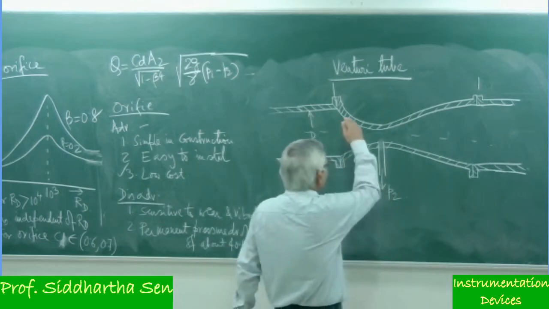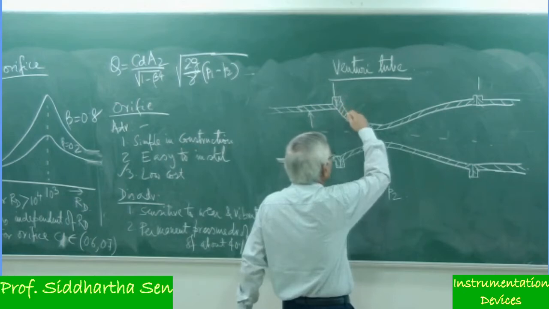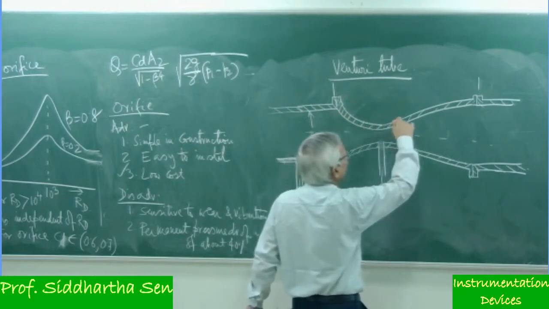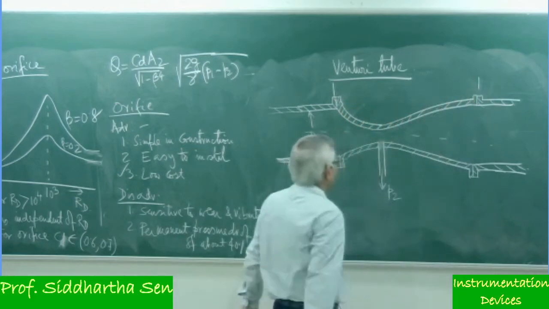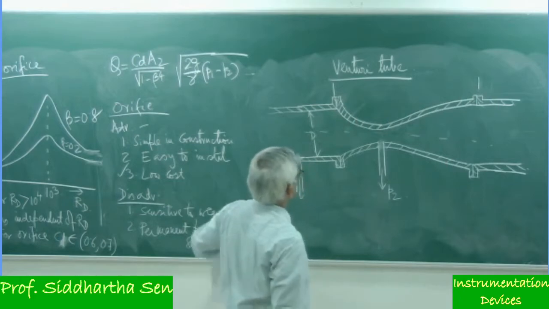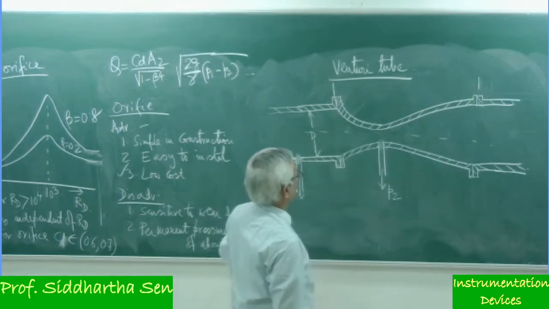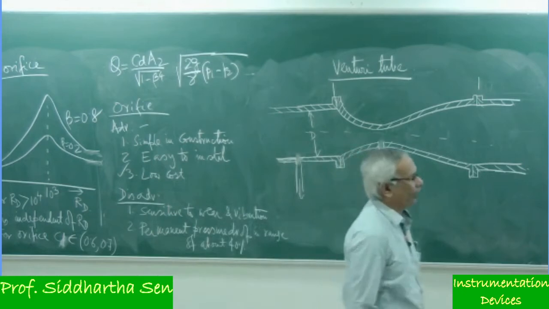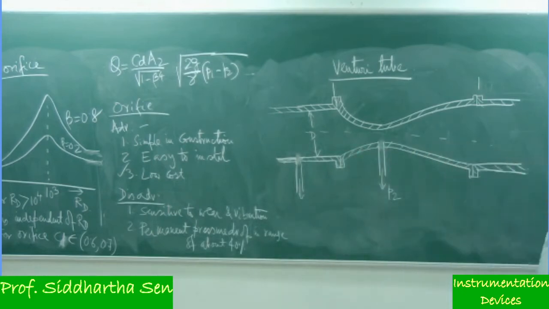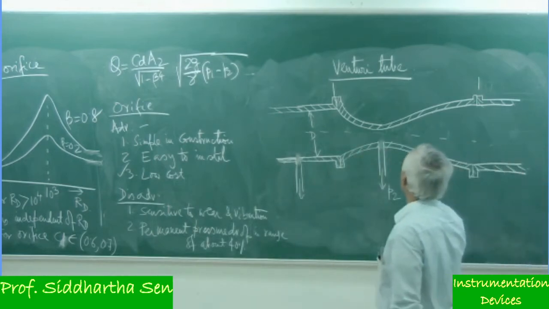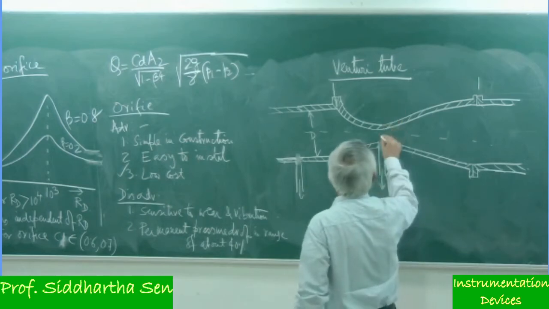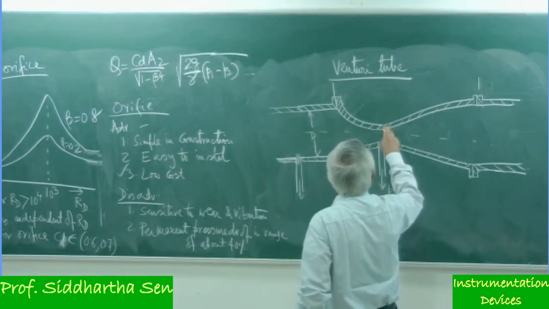It has a typical cross section. That means it decreases initially and then slowly rises. And that gives you guidance on how the flow pattern would be. Definitely in this case the minimum flow area, or the vena contracta, is the throat diameter.